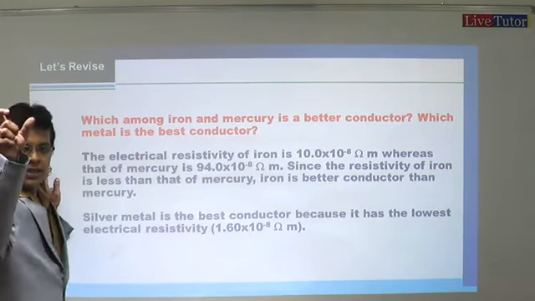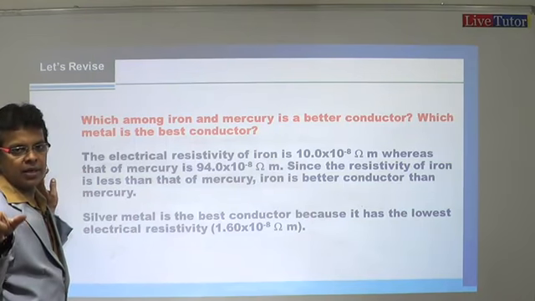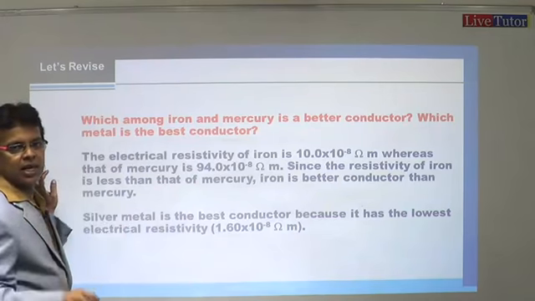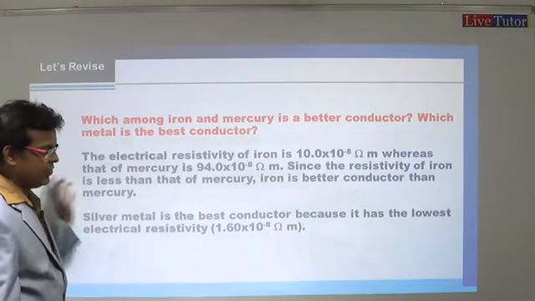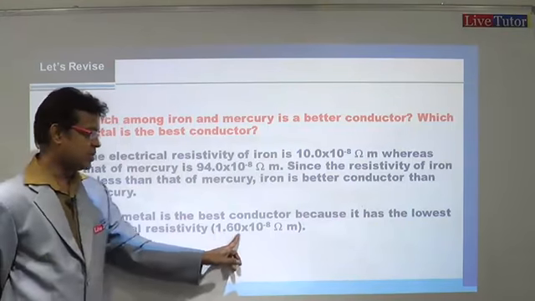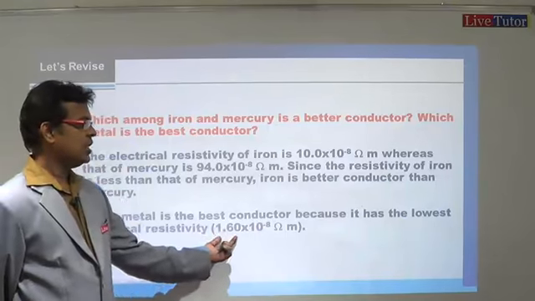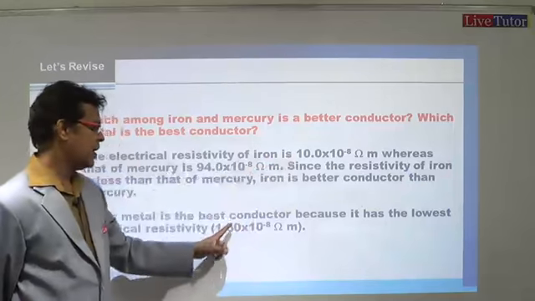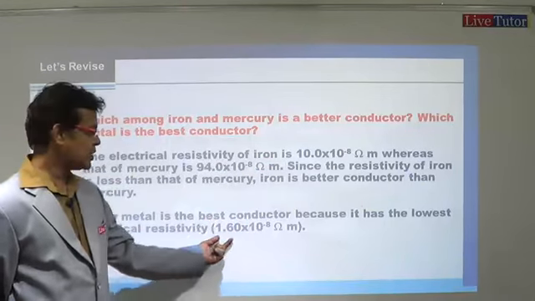Right. In the tabular column, among all the metals given, we understand that silver is the best conductor because it has the lowest electrical resistivity, which is 1.6 into 10 power minus 8 only, very low. So these points you have to remember: the resistivity of iron and the resistivity of silver. This is the lowest one.